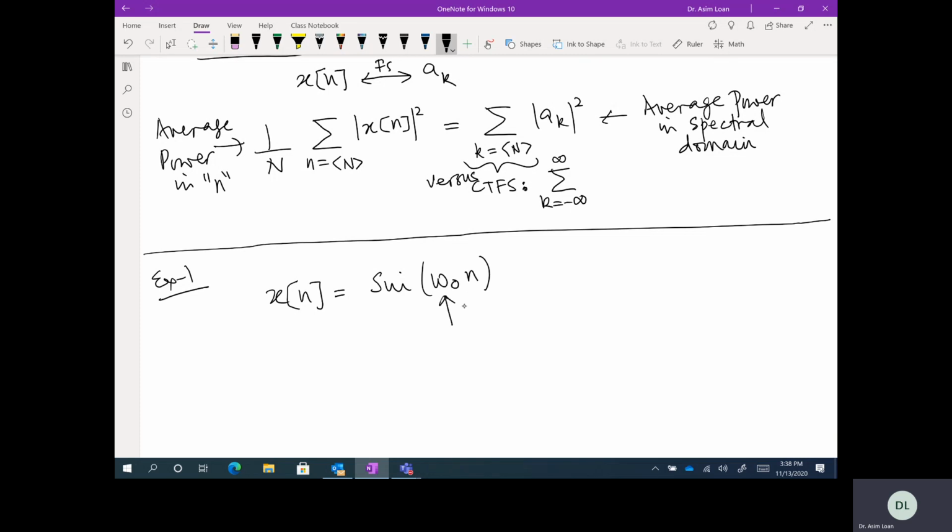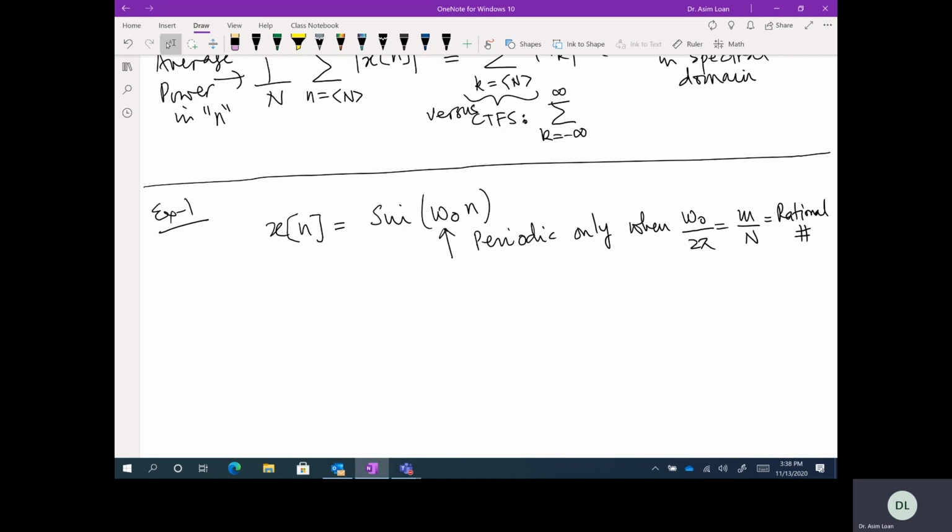Again, this is periodic only when omega_0 over 2 pi equals m over N, a rational number. If this is not the case, it will not be periodic, unlike the continuous time case, which is periodic for all omega_0.